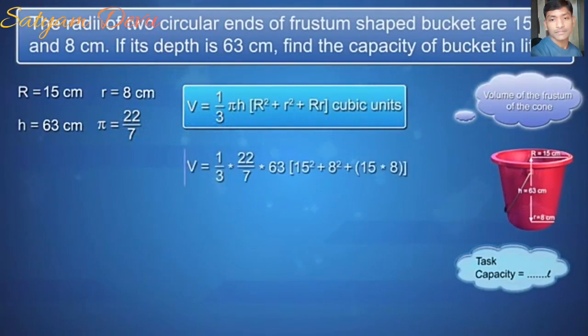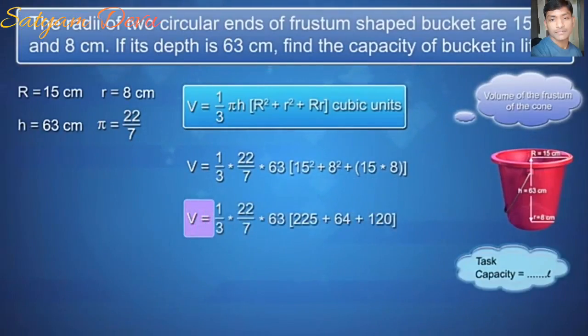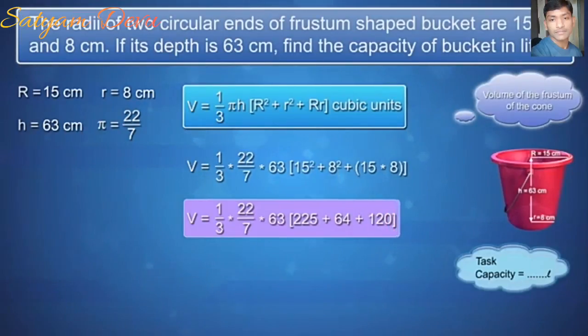So we get V is equal to 1 by 3 into 22 by 7 into 63 into 15 square plus 8 square plus 15 into 8. Therefore, V is equal to 1 by 3 into 22 by 7 into 63 into 225 plus 64 plus 120.